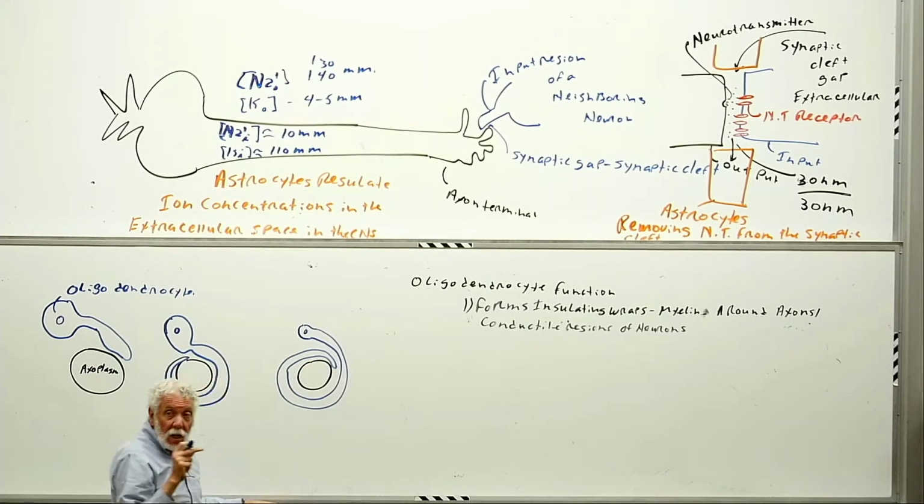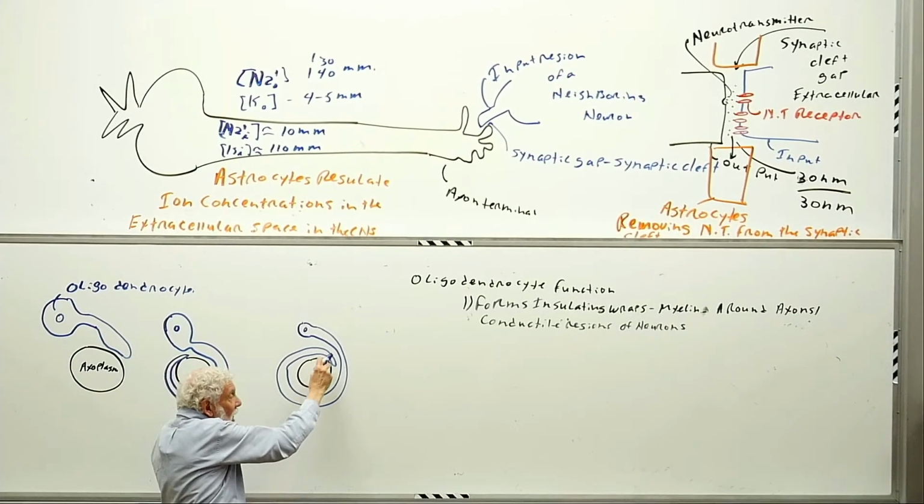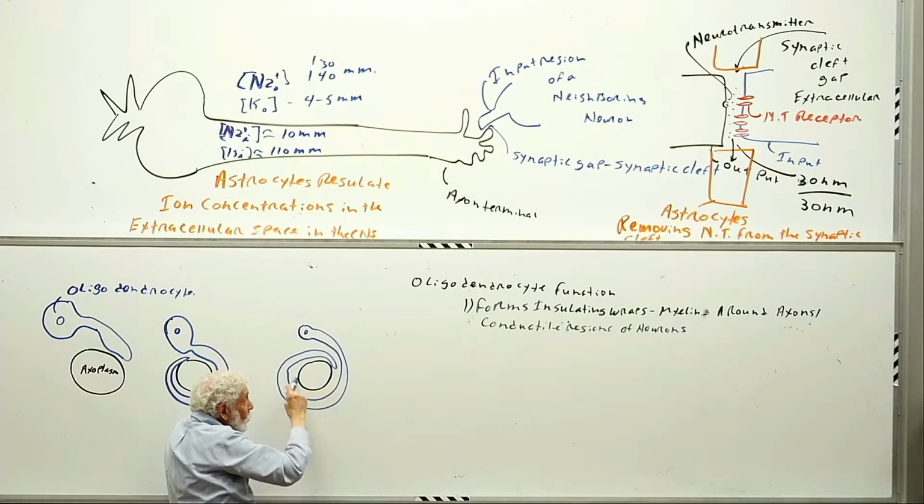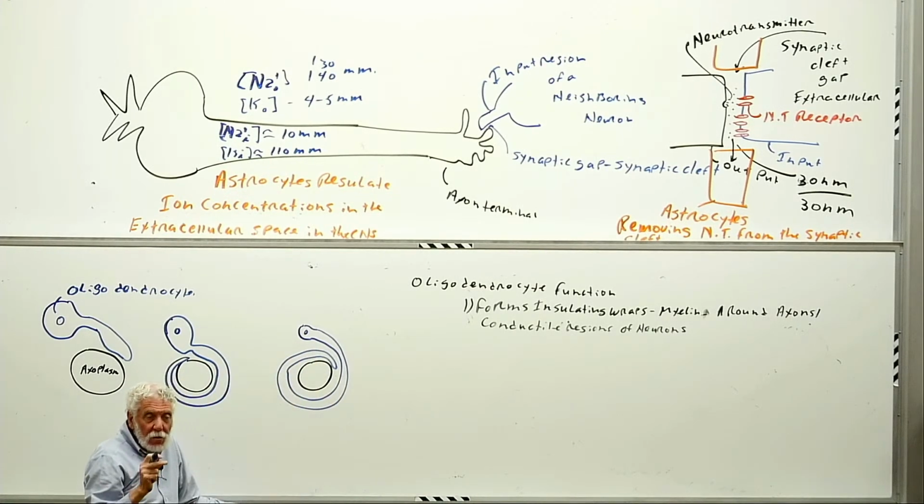It can do this several hundred to a few thousand times. So over and over again during development, the leading edge of the oligodendrocyte crawls around the axon and leaves behind its 2 plasma membranes.